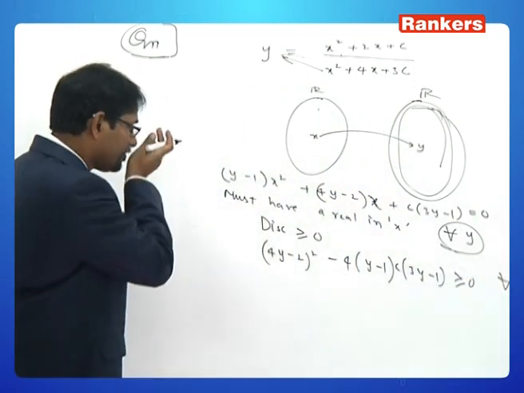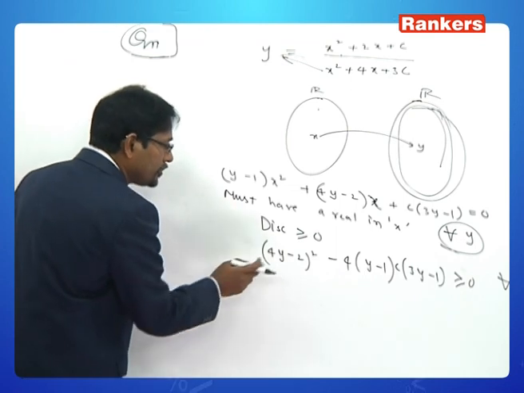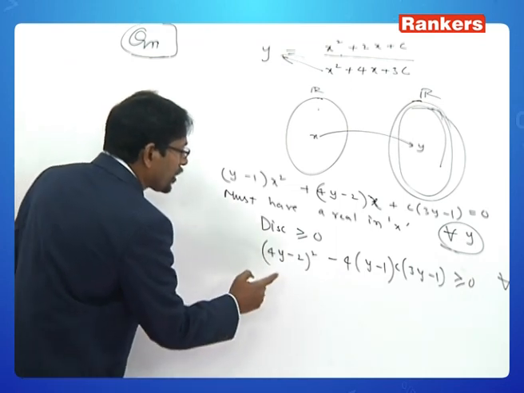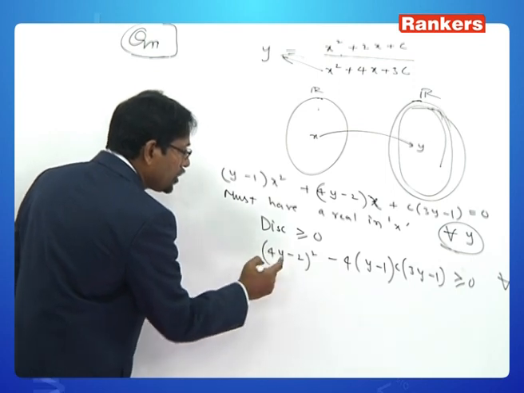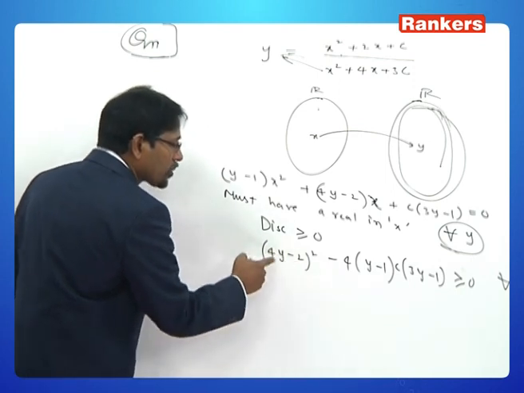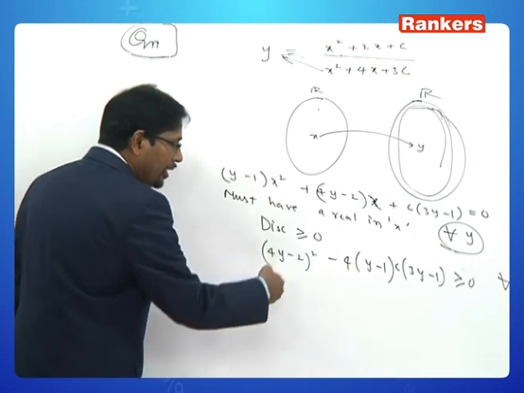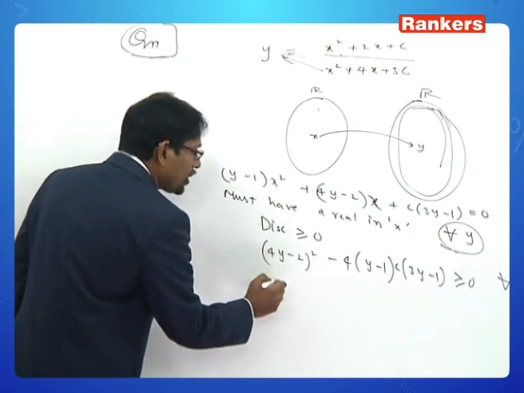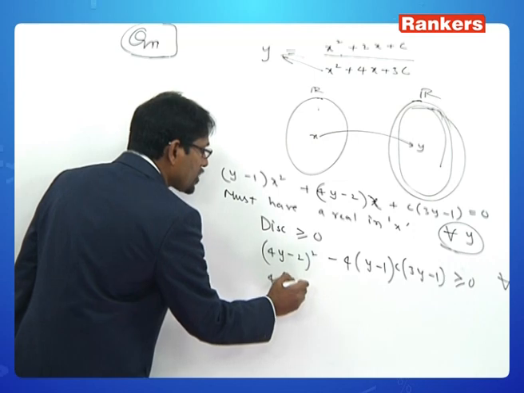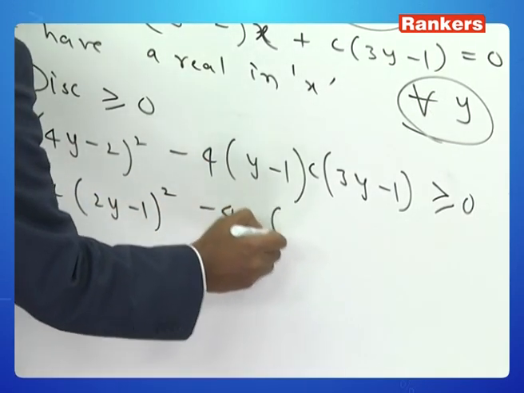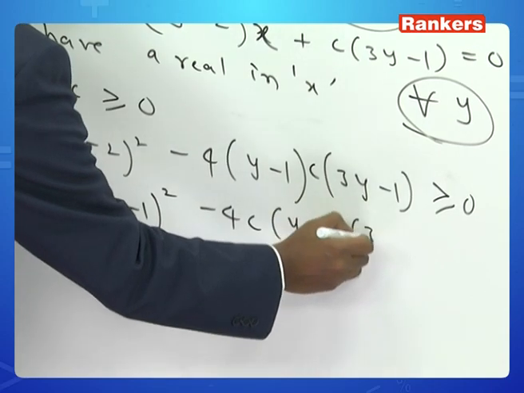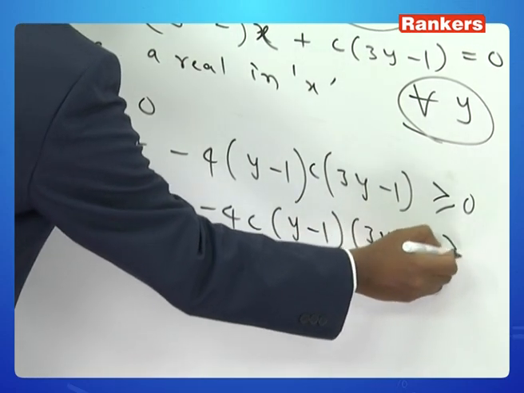For each y. Again, let's observe. Here, we will write this in the form of, you can take out a 2 common, 2 into 2y minus 1 the whole square, 2 square will give me 4. I will cancel out that 4, and I have here 4 into 2y minus 1 the whole square minus 4c into y minus 1 into 3y minus 1 greater than or equal to 0.